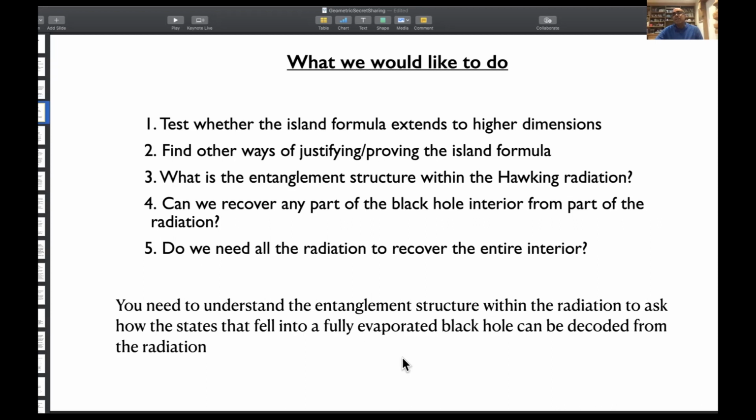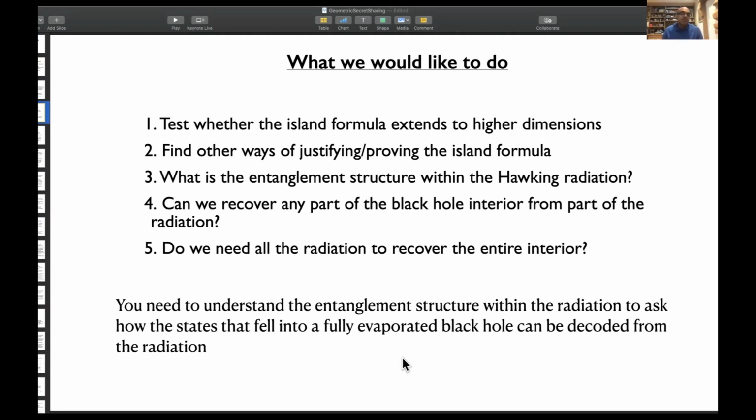And then we'd like to see, since we can do this now, can we extend the class of questions that we can make progress on, such as maybe can we get some insight into the entanglement structure within the Hawking radiation? Can we ask questions like, can you recover part of the black hole interior from part of the radiation? Do we actually need all the radiation to recover the interior, or can we just use some of the radiation?